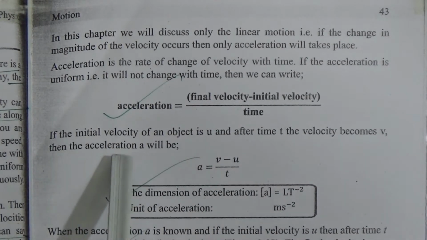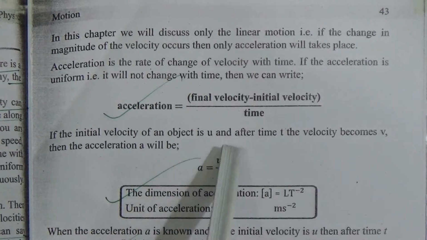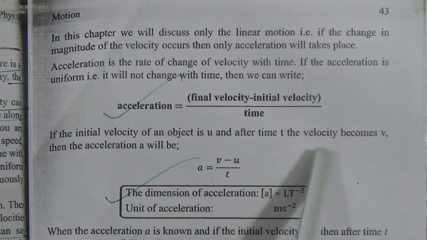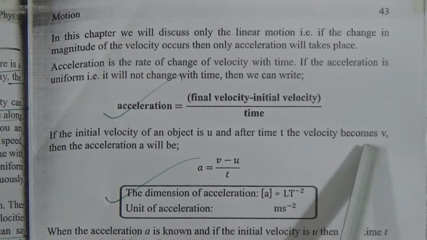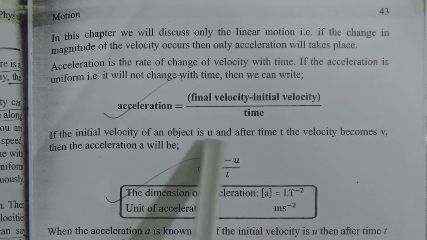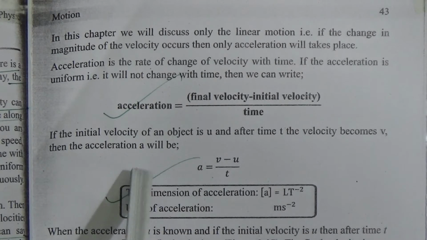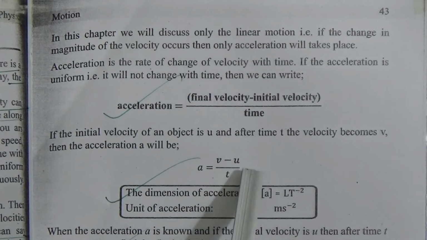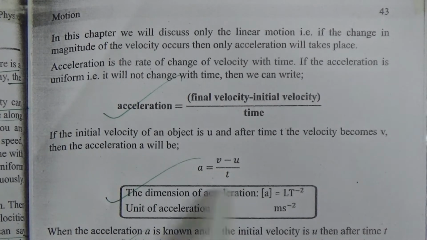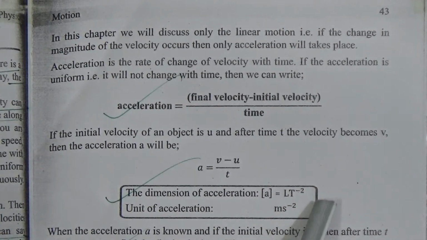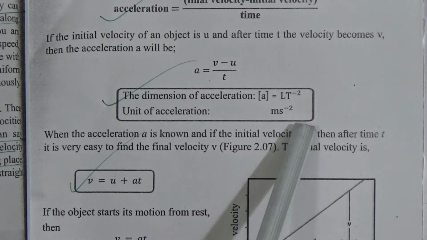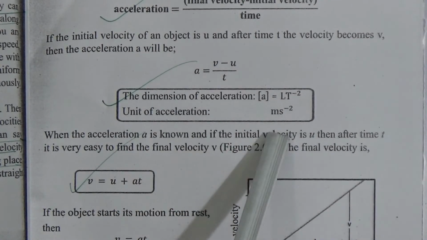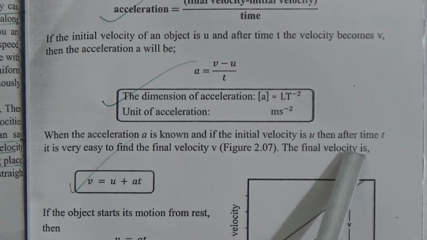If the initial velocity of an object is u and after time t the velocity becomes v, that means final velocity is v and initial velocity is u, then acceleration a equals (v minus u) by t. The dimension of acceleration is LT^-2 and the unit of acceleration is meter per second squared.